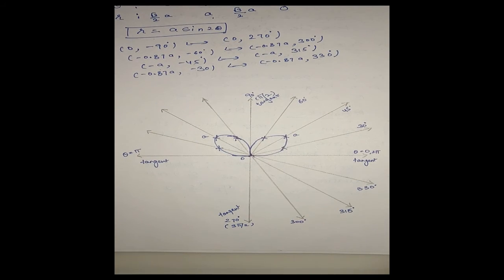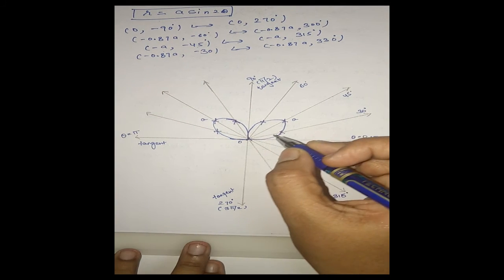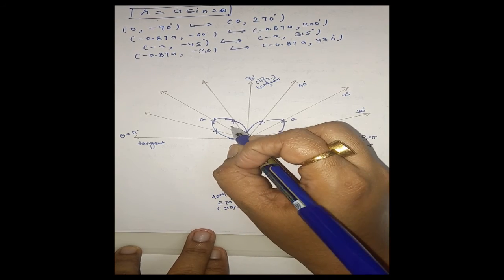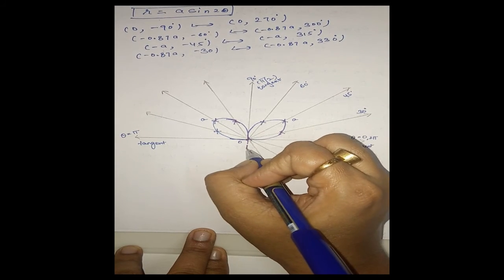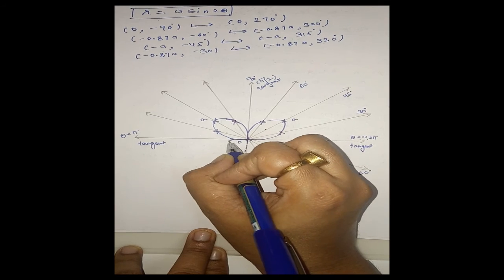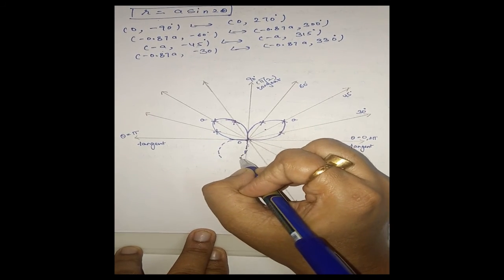Now, this curve is symmetric with respect to the pole, and symmetric with respect to the pole means symmetric in opposite quadrants. From the first, we will reach the third, and from the second, we will reach the fourth. That means from the first one, we will trace the portion of the graph in the third quadrant.